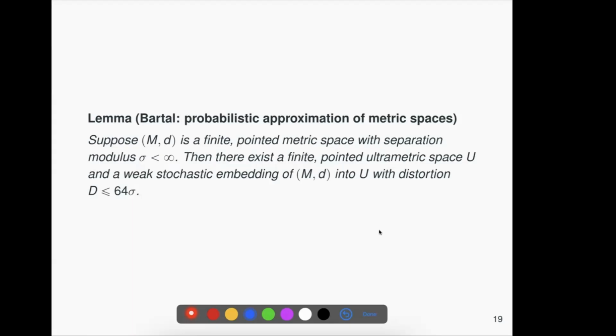The lemma says that if you have a finite pointed metric space with a finite separation modulus sigma, then you can find a finite pointed ultrametric space U and a weak stochastic embedding of this finite space into U. And the distortion is controlled by the separation modulus. So that was the lemma due to Bartal, and it admits many different versions, and people rediscovered this lemma a few times later.